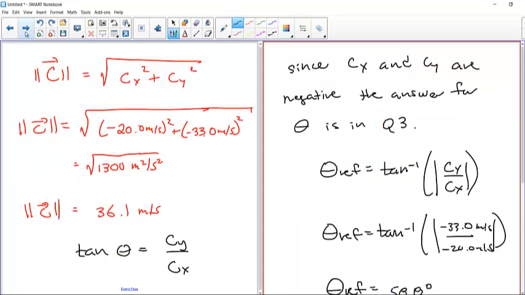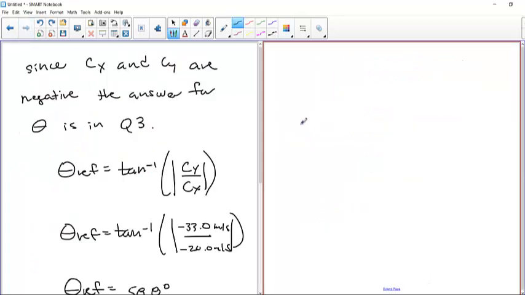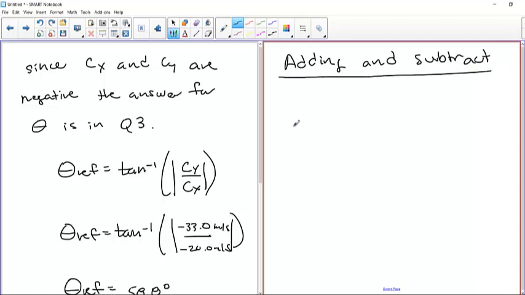Okay, next thing we're going to talk about is adding and subtracting vectors. Now, in the projectile motion section, we don't really need to add and subtract vectors. But when we talk about forces, we will need to add and subtract vectors. Now, actually, there's something called relative motion.